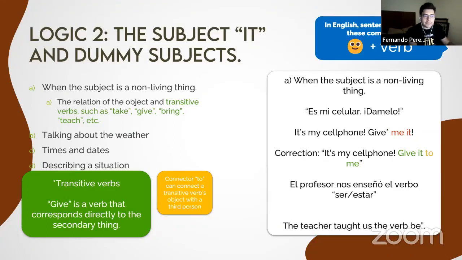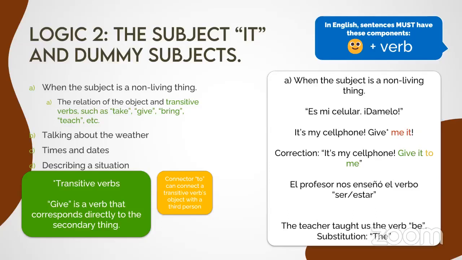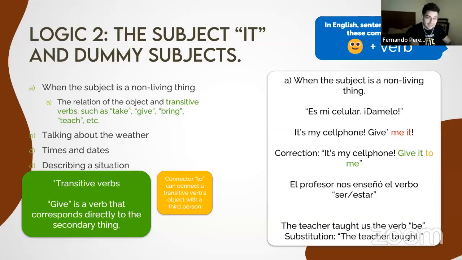Correct. If you transform the verb be corresponding to a grammatical person, what is the grammatical person for the verb? The verb be is it. It. Okay. So the teacher taught it to us.